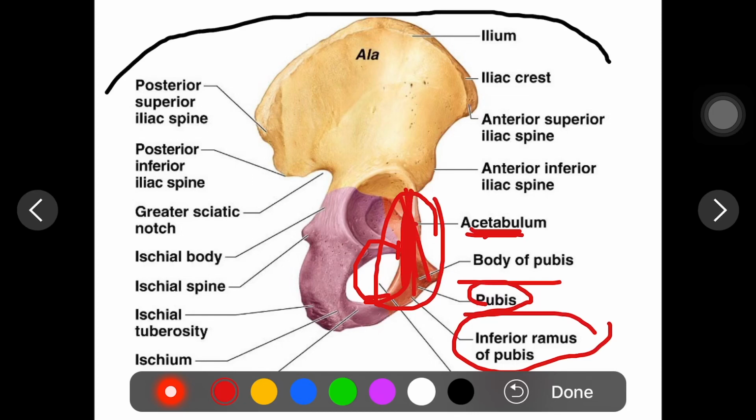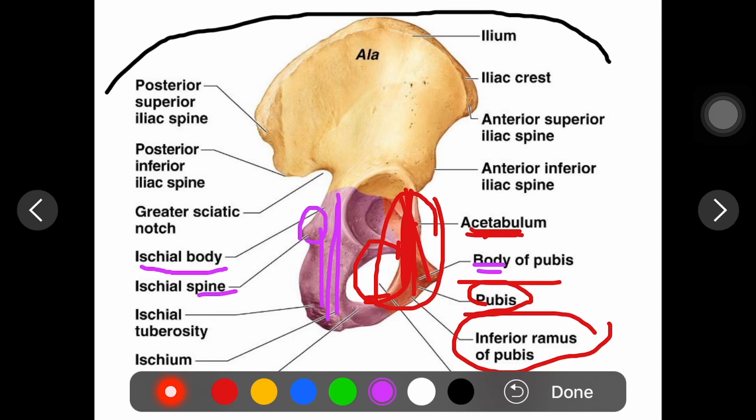We will start with the second color. In this part, what do we have? We have the ischial body. Any part, we start with the body. As we have the body of pubis here, here we have the ischial body. The second is the ischial spine.